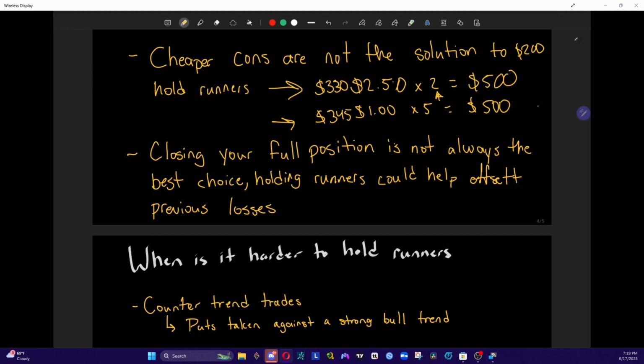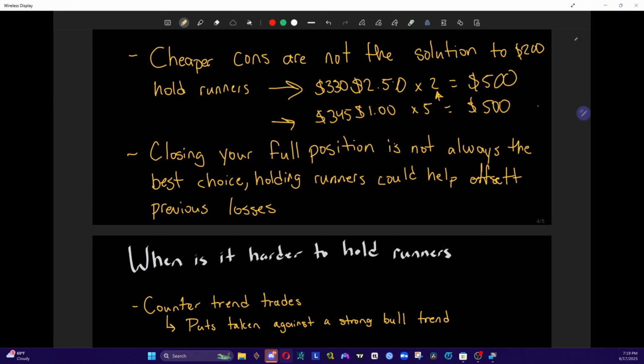But if you're getting into a scalp like puts against a bullish trend, yeah, you could hold runners, but make sure to keep that stop somewhere close, right? At least have a stop, because trends are strong. Trends are not friendly and slow like the old grandpa. No, you usually get ripped in the face, especially in puts.